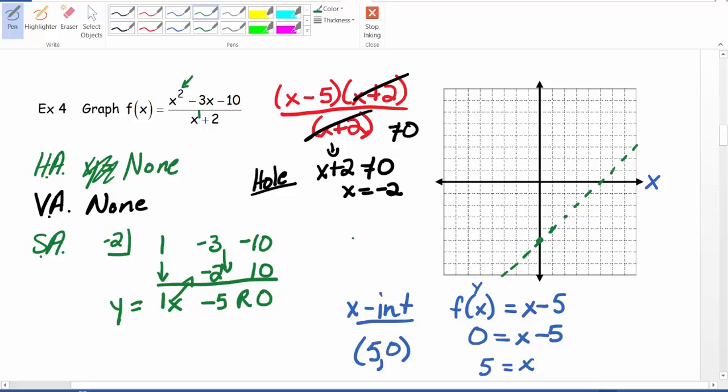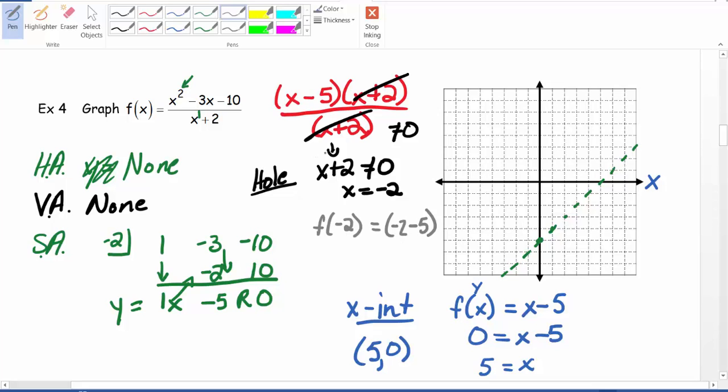Moving on to our hole, we know that our x value is at -2, but we really have no clue what the corresponding y value is. So what we want to go ahead and do is actually throw this -2 into the simplified version of our function. So when we do that, we end up with f of -2 equal to -2 minus 5.